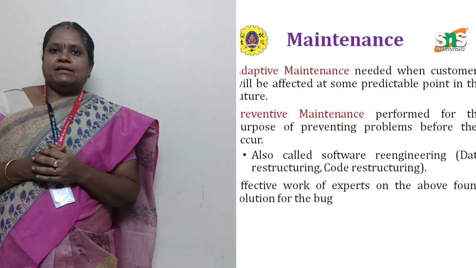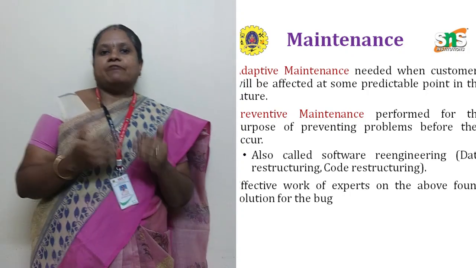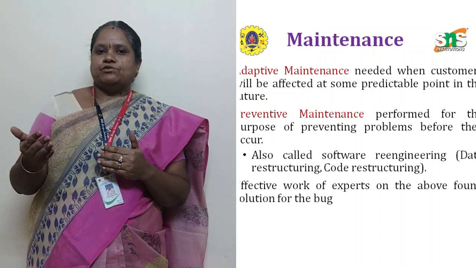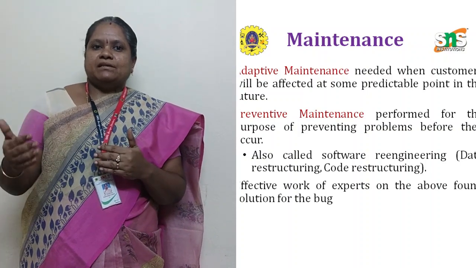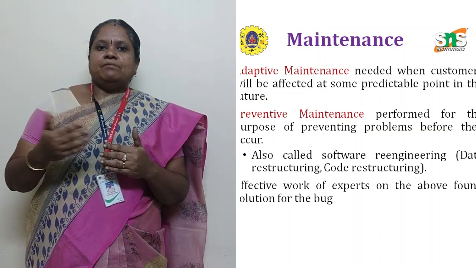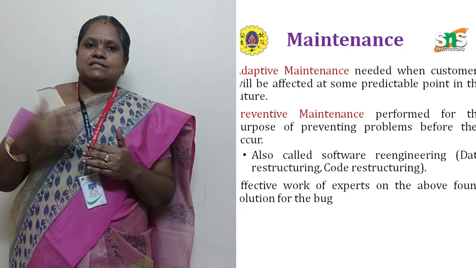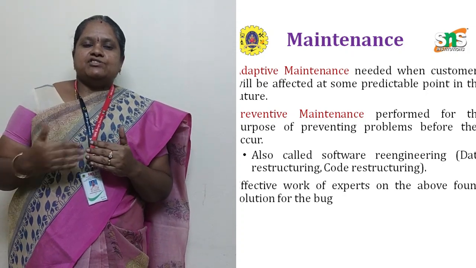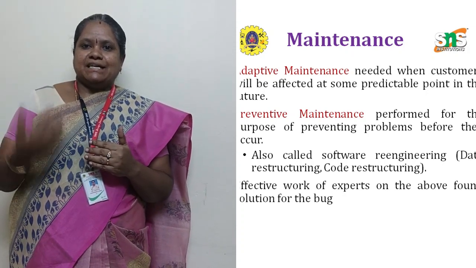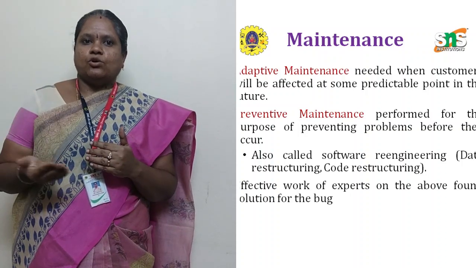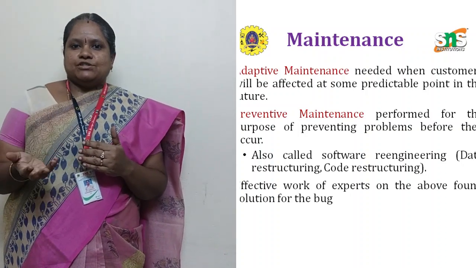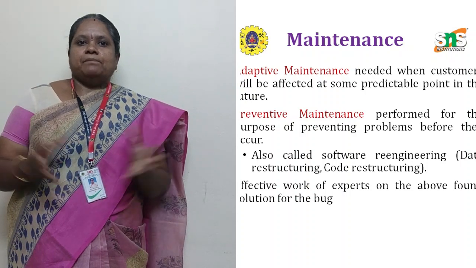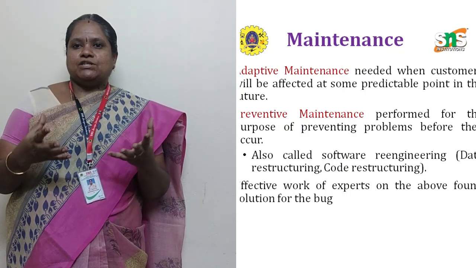Adaptive maintenance, where a customer who will be affected at some predictable point in the future is identified by the maintenance engineer and the problem solved. Preventive maintenance is locating the errors beforehand and re-engineering the process, such as data restructuring or code restructuring. Because of performing these 2 activities, it was solved.